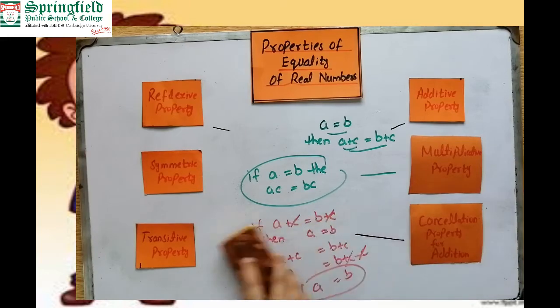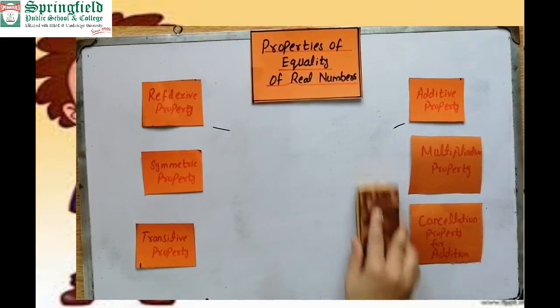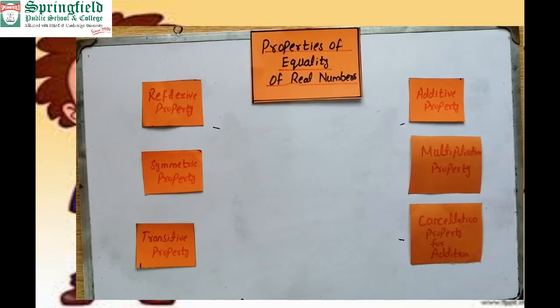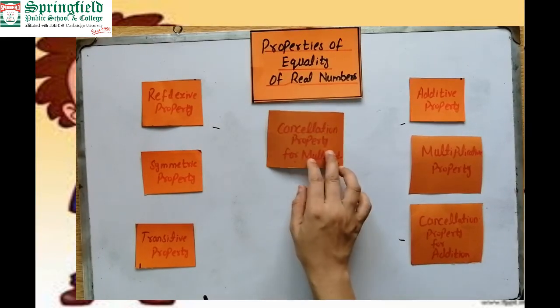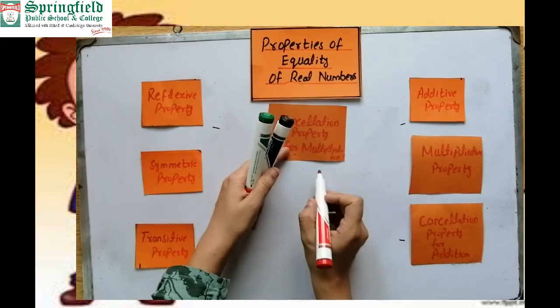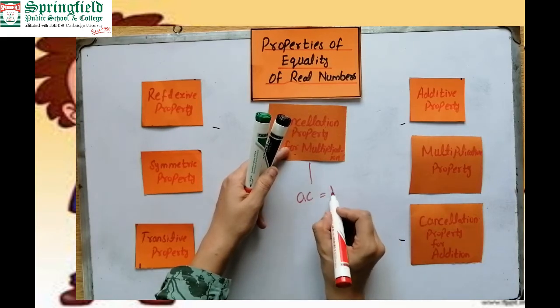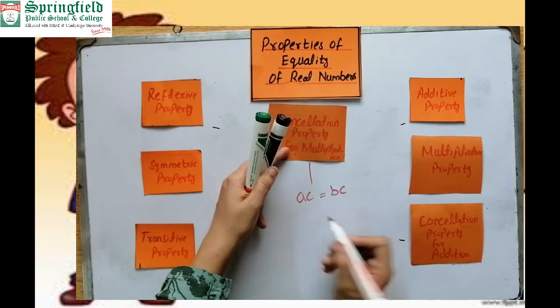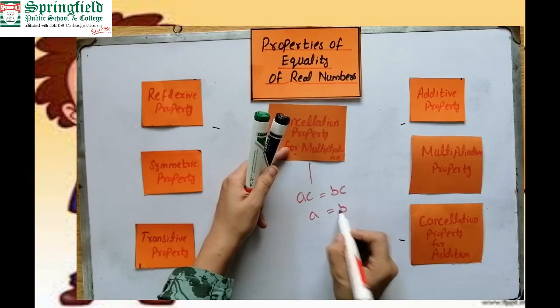And the last property is the cancellation property for multiplication. If AC is equal to BC and C is not equal to 0, then A is equal to B. How?